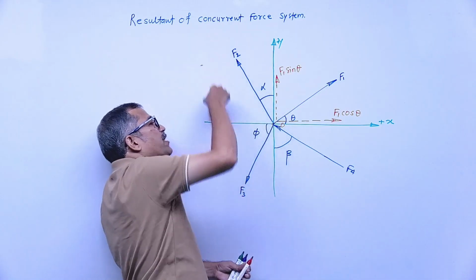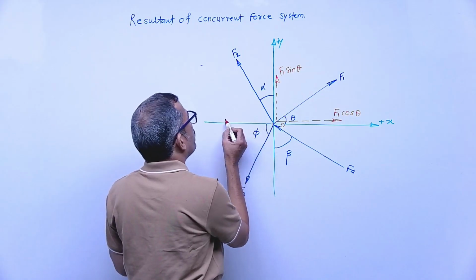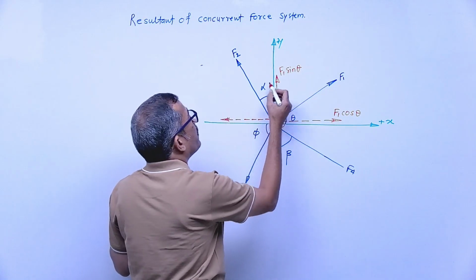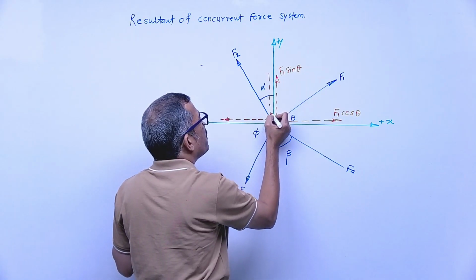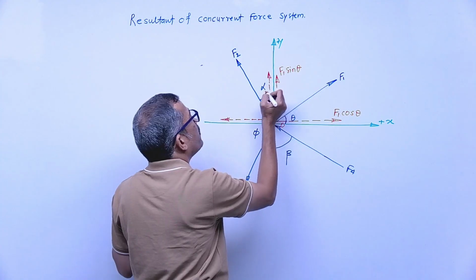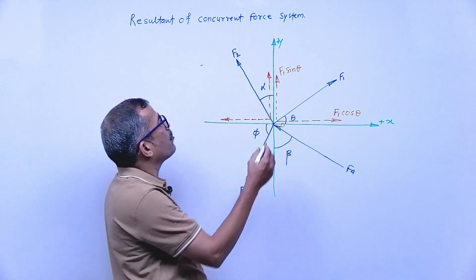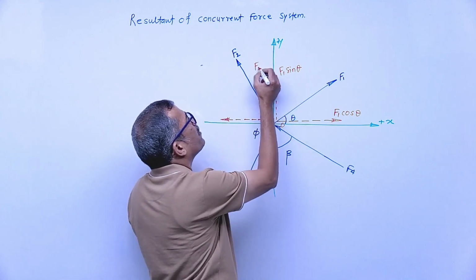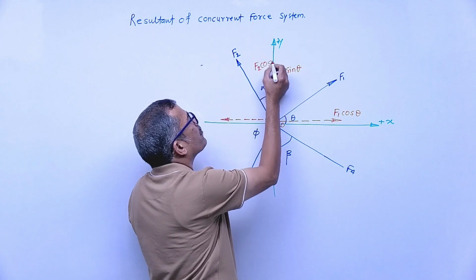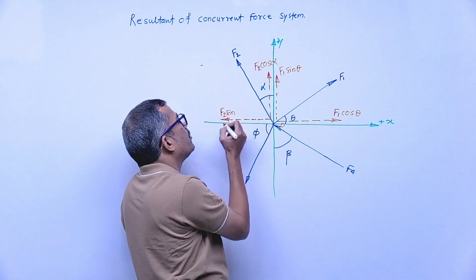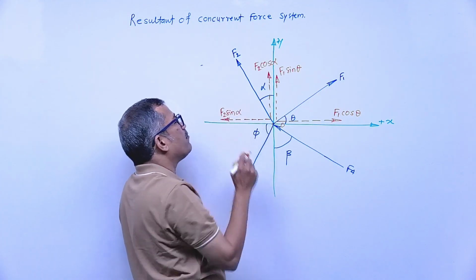That means at this point the horizontal component must be away, meaning pull, and the vertical component must be away, meaning pull in nature. The angle is given with vertical, so the vertical component becomes cos. So this will be F2 cos alpha. Horizontal component F2 sine alpha.